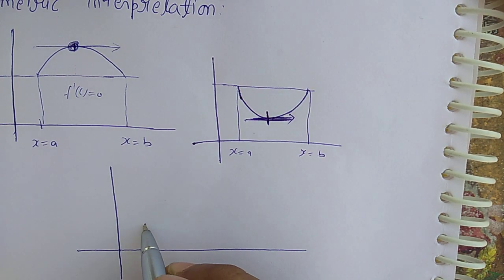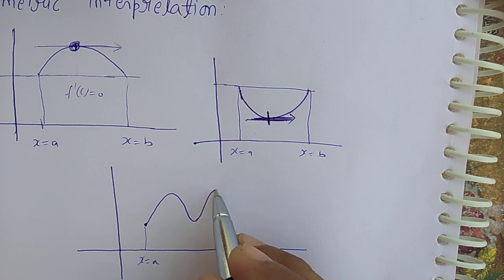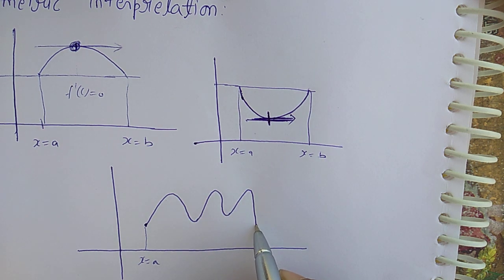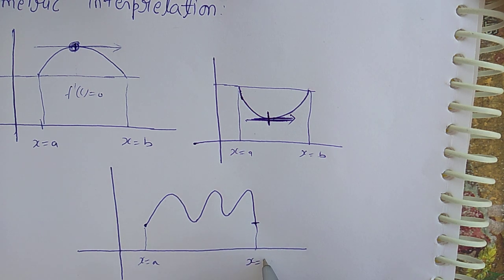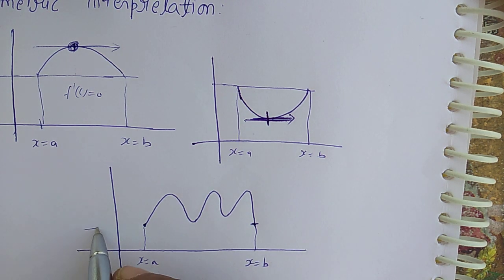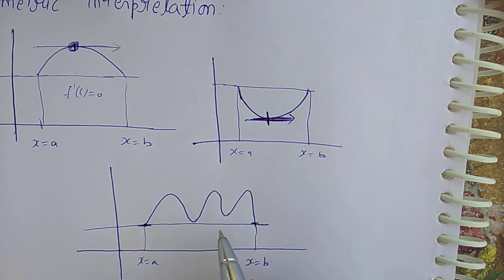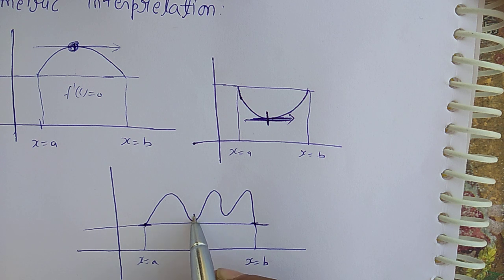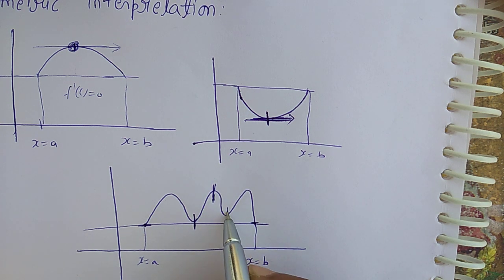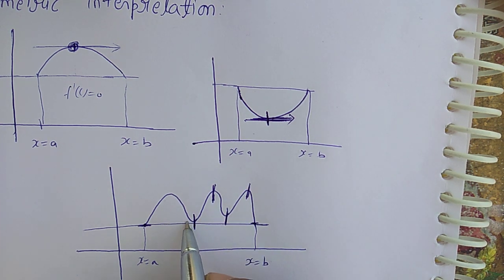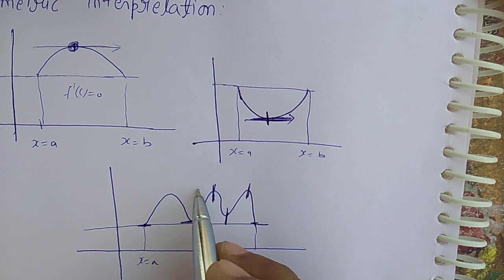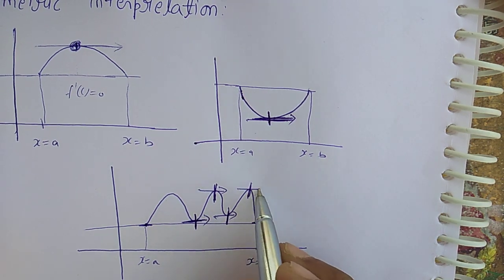Like see, this is your point x equal to a, and your curve will be like this. Again this is x equal to b. Then your f a equal to f b. Then we can see 1 point, 2 point, 3 point, 4 point. So we have 4 points where tangent is parallel to x-axis.